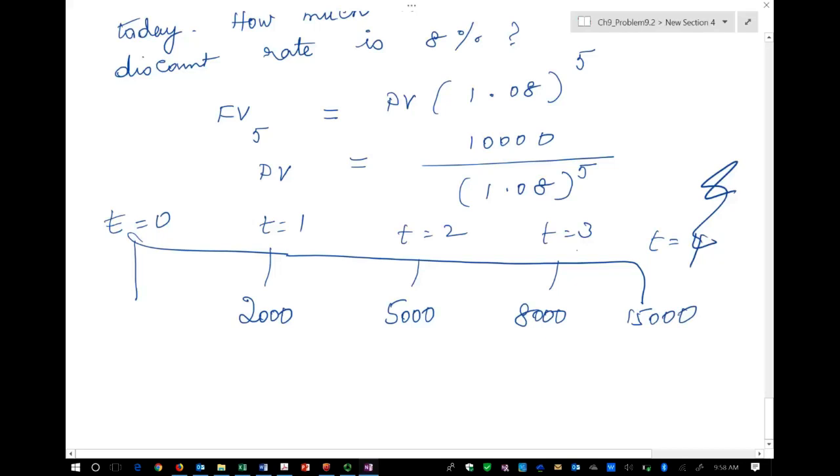If my discount rate R is equal to 6%, what is the value today?